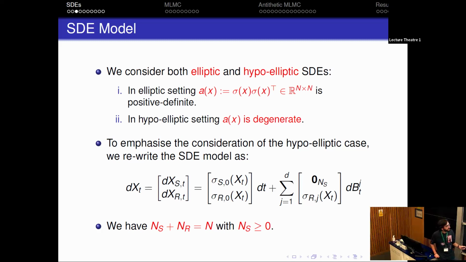The dimension of my state is the sum of the dimension of the smooth component and the rough component. The dimension of the smooth component would be 0 if you have a regular elliptic SDE. It would be non-zero if there is hypoellipticity involved.